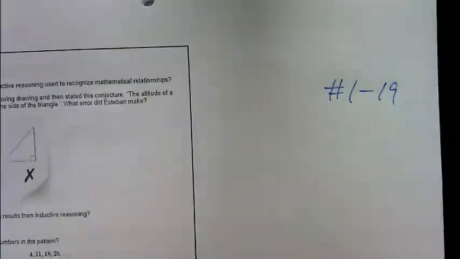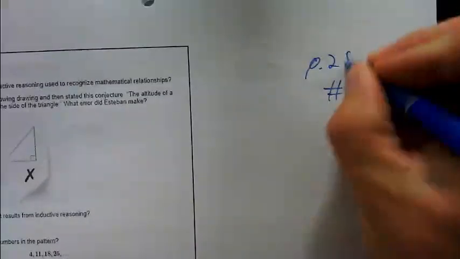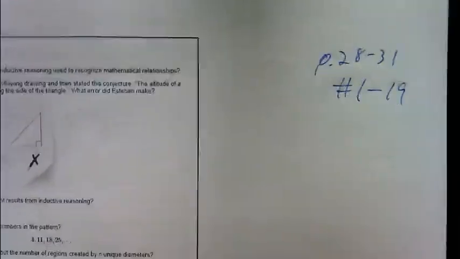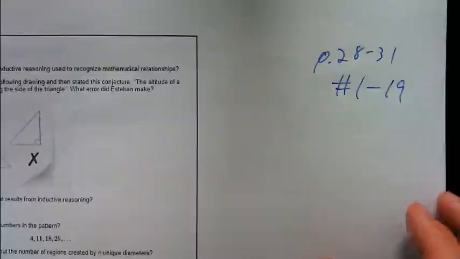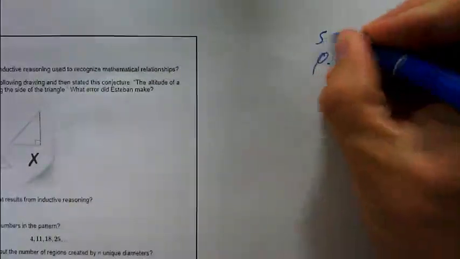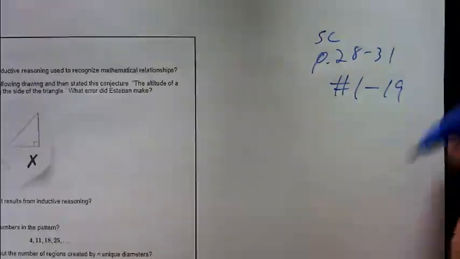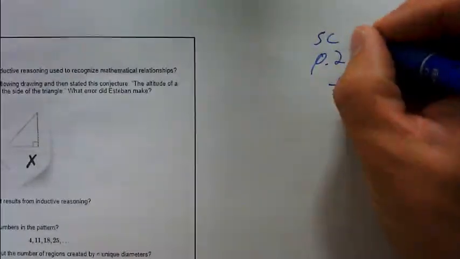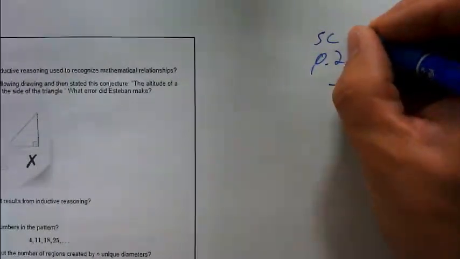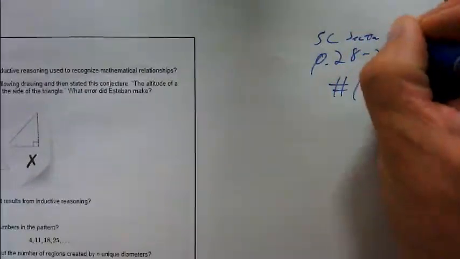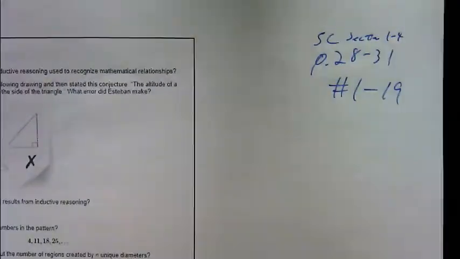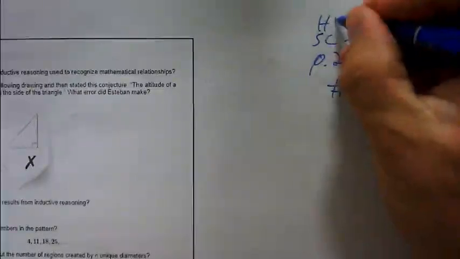So, page 28 through 31, 1 through 19. That's out of your student companion. Again, if you were using the textbook, it'd be the same numbers. It's just a different set of pages. So again, this is student companion for section 1-4. All right, that's our homework for tonight.